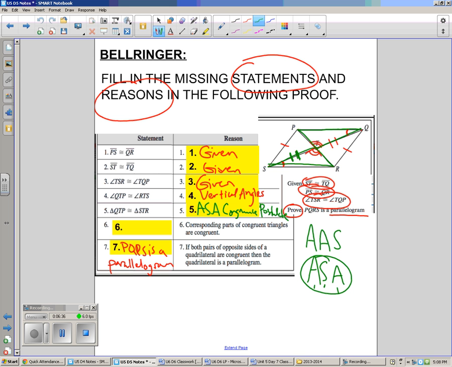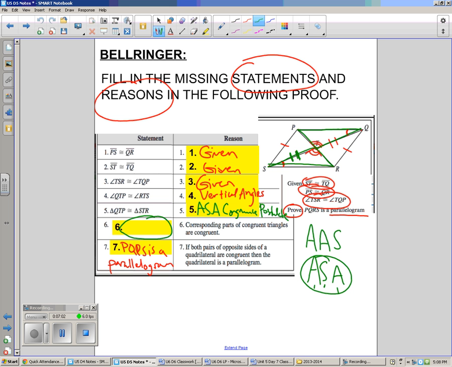So it's going to be really hard to identify which one of the 6 in each triangle I'm going to use for my pair right here. In order to find out, I need to look at statement number 7, what comes after it, because statement number 7 is going to use statement number 6 in order to complete it.